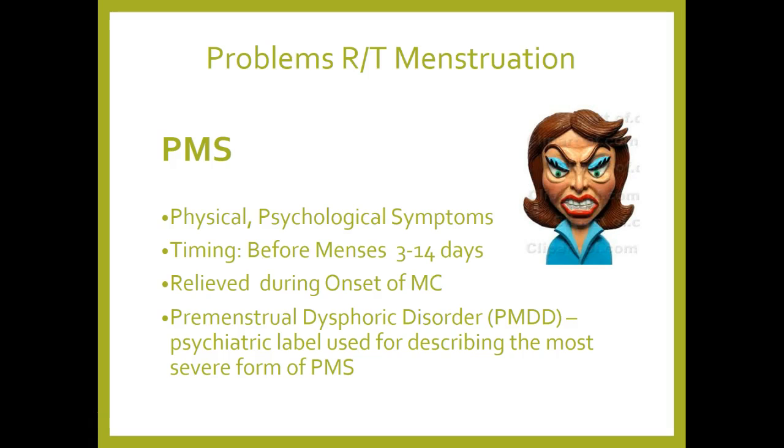Itching and rash, backache, constipation, and nausea and vomiting. The psychological symptoms related to PMS are mood swings, irritability, depression, anxiety, anger, aggressiveness, and inability to concentrate.